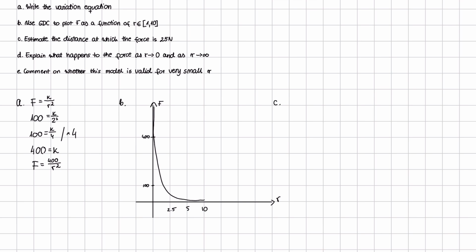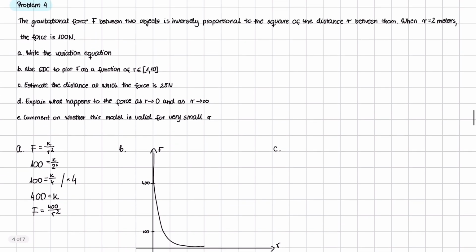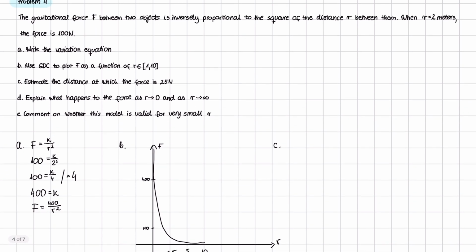So we can do it in the graph window on our GDC, G-Solve, then X calculate, because we are looking for r, and r is distance, and we are given the force. Force is y, so we enter 25 into the y value, and we can see that r is -4 and 4, and we know that distance cannot be negative, so for force 25, distance is 4.